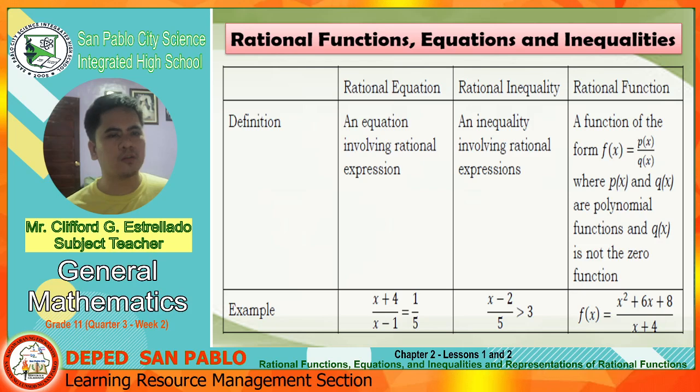And rational function, a function of the form f of x is equal to p of x over q of x, where p of x and q of x are polynomial functions, and q of x is not the 0 function. So example, we have f of x is equal to x squared plus 6x plus 8 over x plus 4.